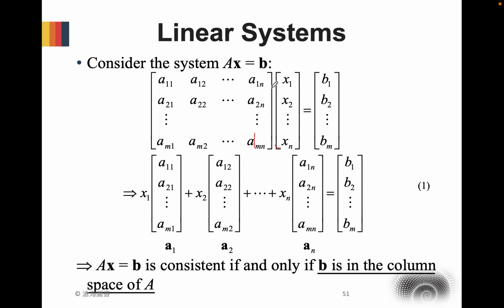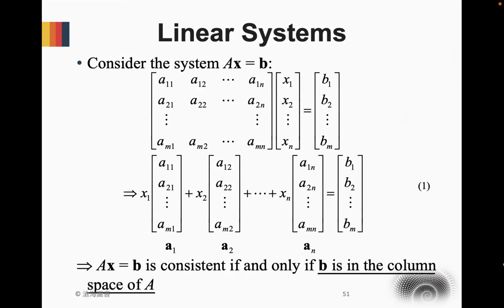And then remember that when we write down Ax = b, actually it can be separated as x1 times the first column vector plus x2 times the second column vector, and so on, which would be equal to b1, b2, up to bm. And remember that this is the first column vector of A, this is the second column vector of A, and this is the n-th column vector of A.